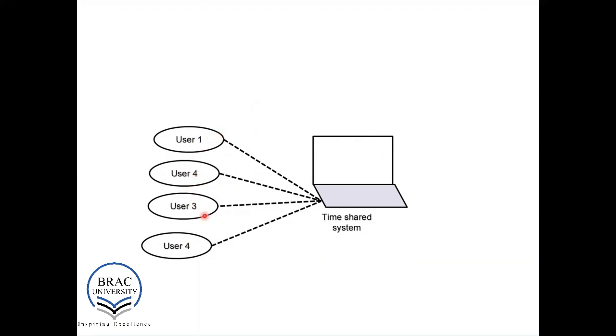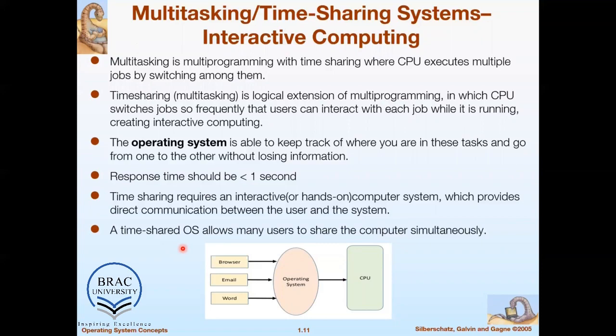The system creates an illusion that the entire system belongs to just one person, and all the users think the same, because the switching between the jobs takes place so quickly that they don't realize that time sharing or multitasking is occurring in this system. So this time shared system uses CPU scheduling and multi-programming to provide each user with a small portion of a time shared computer, or we can say to share the computer simultaneously.